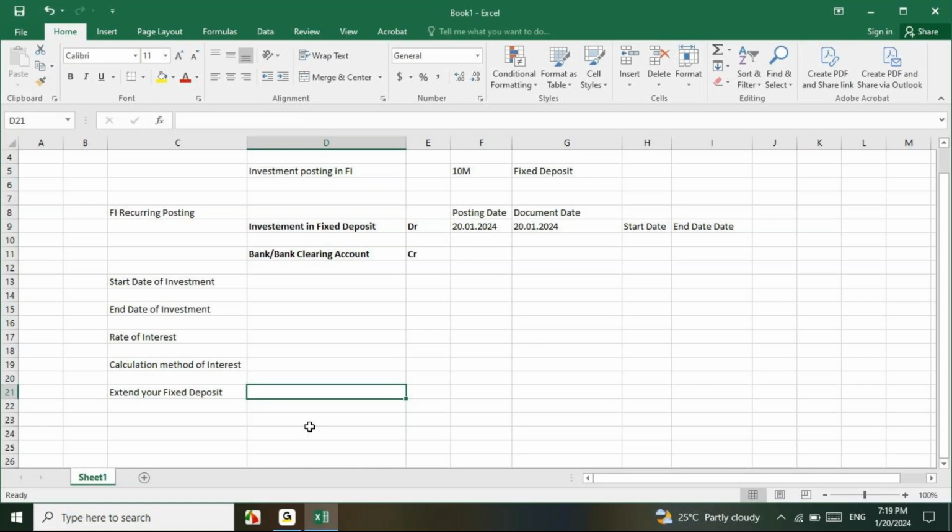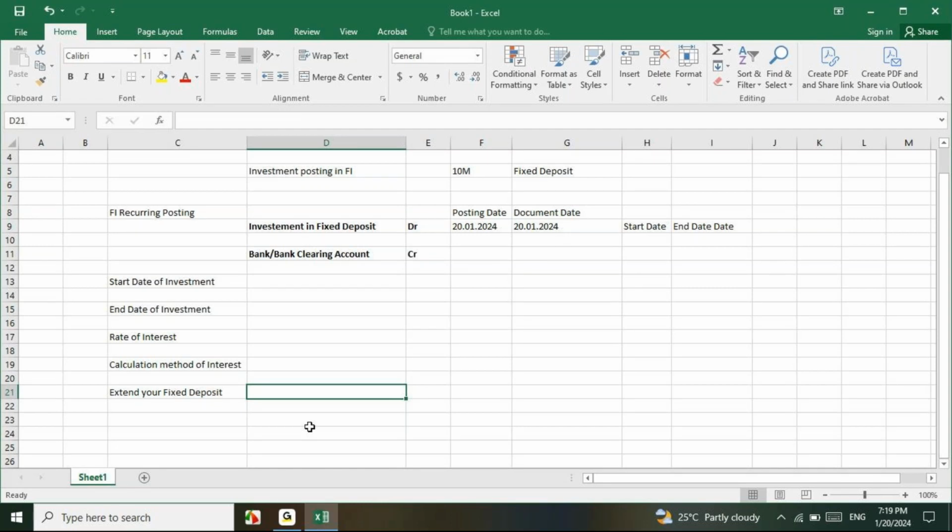There is no field which will help you to extend, and there is no report available which shows that this extension happened, which in treasury terminology is called rollover.